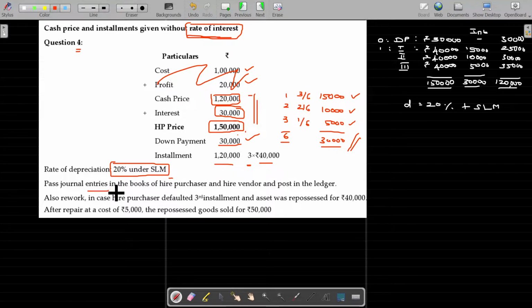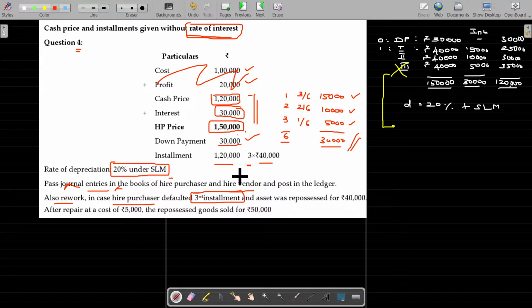Pass journal entries in the books of hire purchaser and hire vendor and post in the ledger. Okay, in general. Also rework. First part is already completed, so I am going to rework on that. In case hire purchaser defaulted third installment, மூணாவது installment கொடுக்கல. This third installment is defaulted.